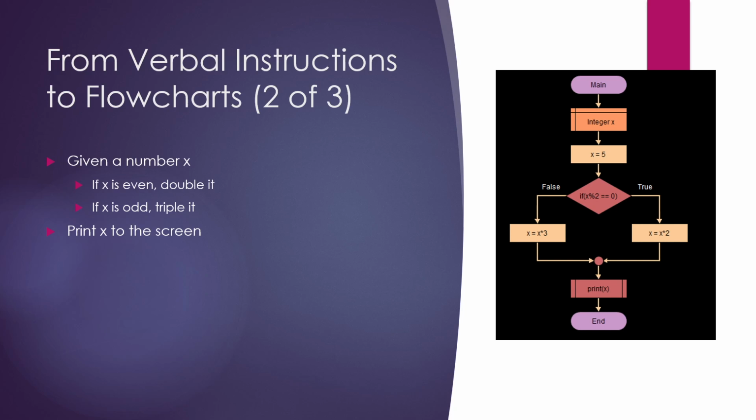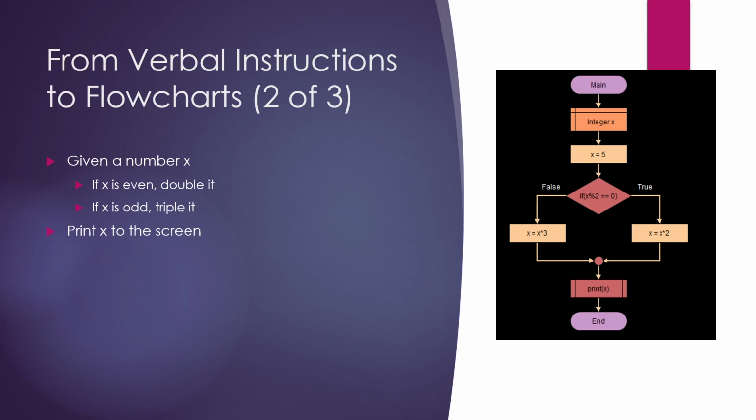So if we look here at our example, we have the integer x, pardon me. We are giving it the dummy data of 5, and we are asking if x mod 2 equals 0. Remember what I said about the modulus operator. It performs a division with the two operands and reserves the remainder.